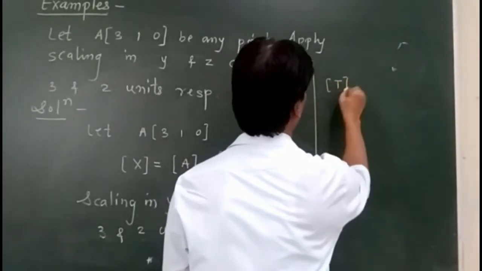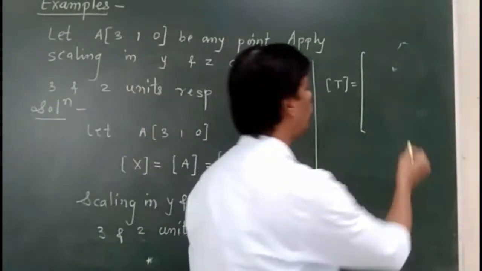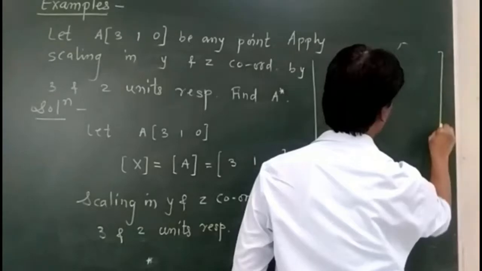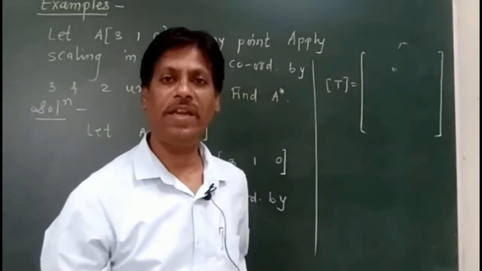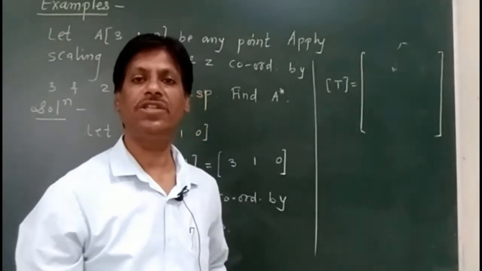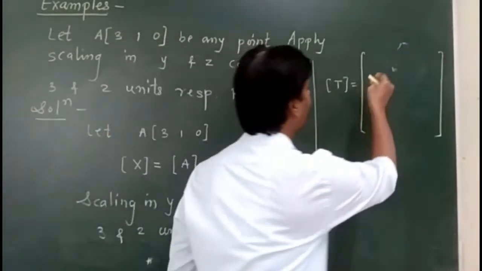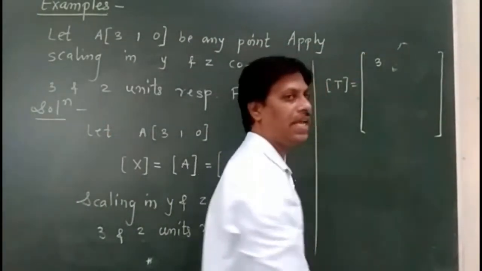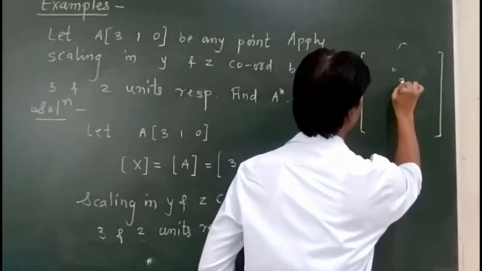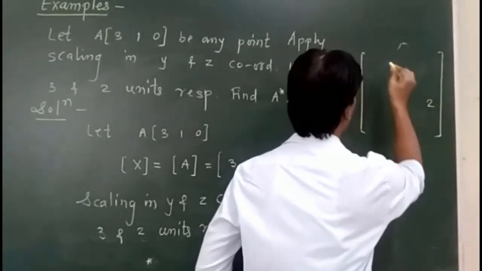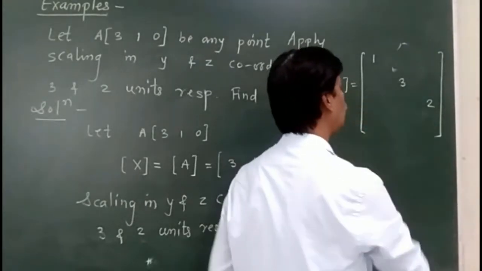So T is equal to, so it is a 3 by 3 matrix, as we know that the scaling transformation matrix. So what is that? The scaling in x and y and z coordinate. So y and z coordinate, how many units? 3 and 2 units. So the y diagonal entry is 3 because there is a scaling in y. So the y coordinate is 3 and the z coordinate is 2 units, and the first x diagonal entry is 1 by default because there is no scaling in x coordinate.